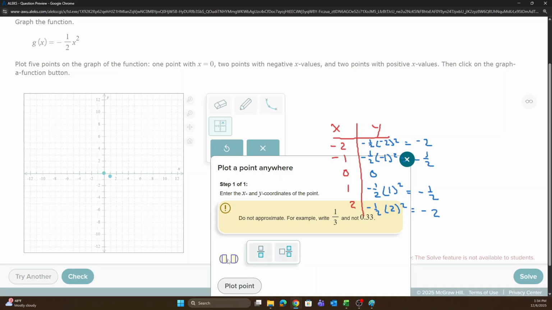Then we're going to do the same thing on the other side, -1, and then -1/2. Plot that point. And then we'll have -2, -2, and 2, -2.